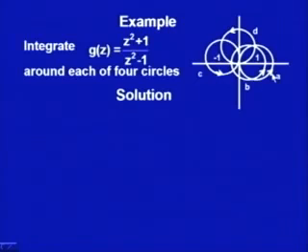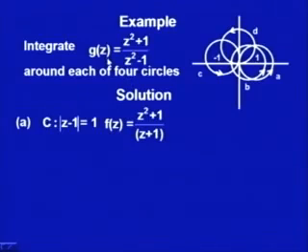Let us first consider this circle A. This circle A is centered at 1 with radius 1, so this circle is mod z minus 1 equal to 1. Now consider this function f(z) as z square plus 1 upon z plus 1, because I could write g(z) as z square plus 1 upon z minus 1 into z plus 1.